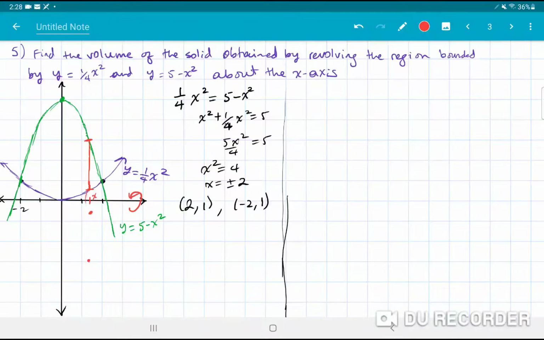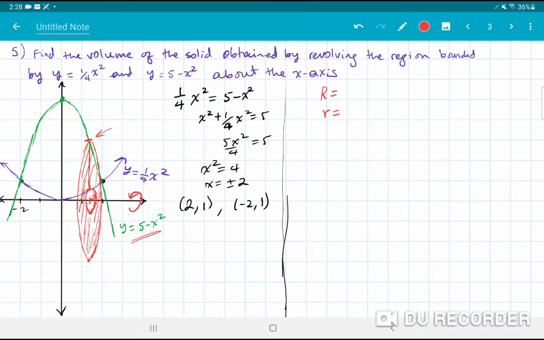What I get is that this cross section becomes a nice little washer. So I'm going to need the big radius and the small radius. The big radius is simply from the x-axis up to the green curve.